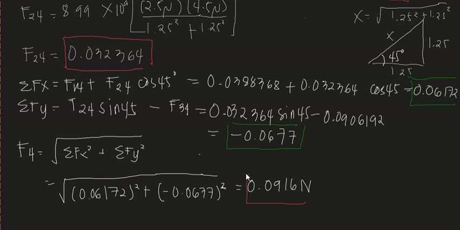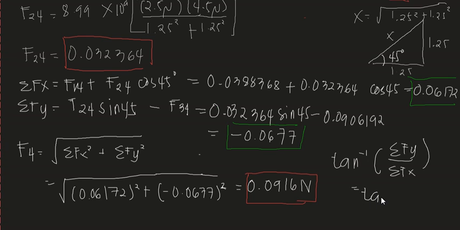So now we are going to find the direction. The direction is equal to the arctan of the summation of forces along y over the summation of forces along x. This equation is also used in other subjects such as electromagnetics, and at the same time in physics.